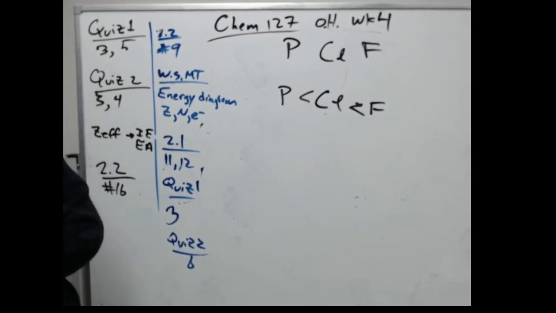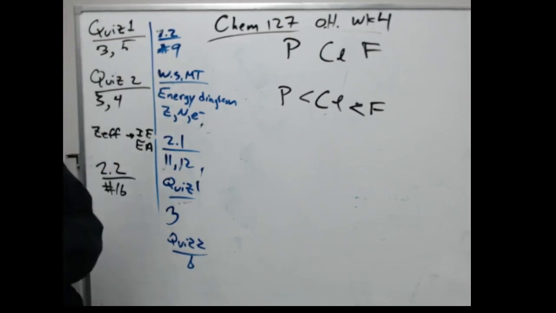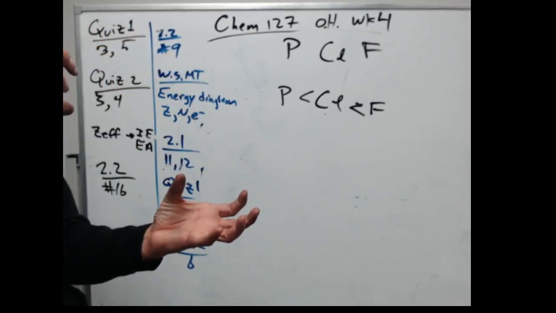When we look at electronegativity, we're looking at a combination of how well something attracts electrons to it, electron affinity, and how difficult it is to take electrons away from it, ionization energy, compared to other things around it. Fluorine is the most electronegative and everything is relative to fluorine. If fluorine comes towards something, how well does it pull electrons away from it?